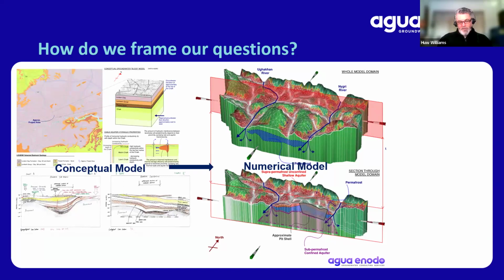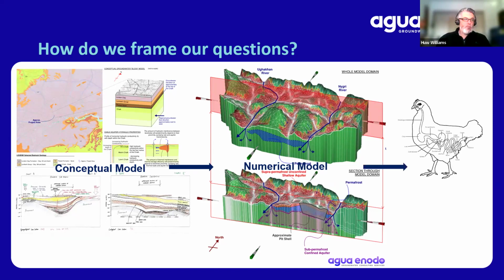Once we've decided all the driving factors behind the groundwater flow, the controlling factors over heat transport, we put that in a numerical model, and then we run scenarios in our numerical model to create predictions. Those predictions are potentially more or less useful than trying to predict the future by looking at the entrails of a gutted chicken, perhaps.